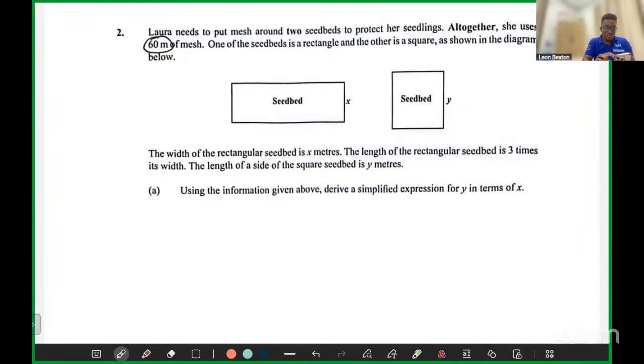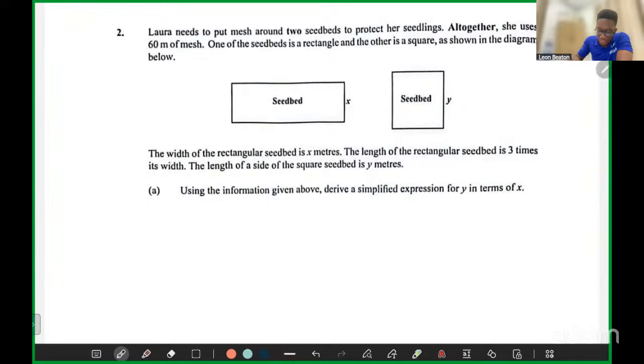A P word, a word that begins with P. What word comes to mind? All right, I see the correct answer sent there. Perimeter. So we should use the concept of perimeter here.